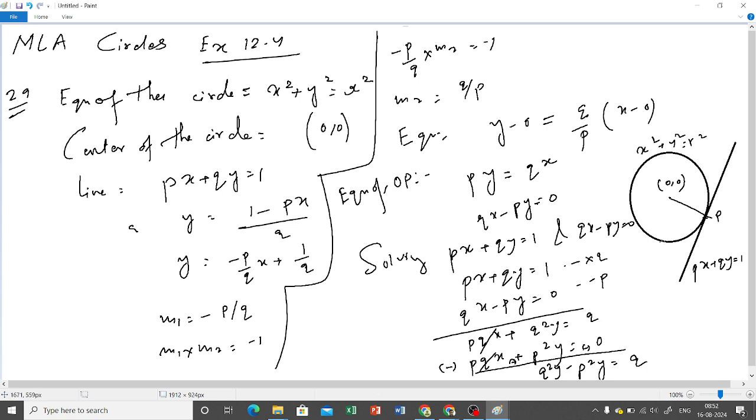So this is the point at which this line is touching this radius. Okay, tangent is touching the radius.